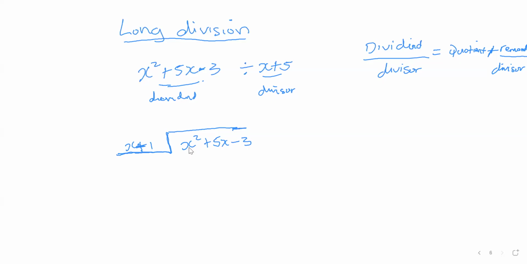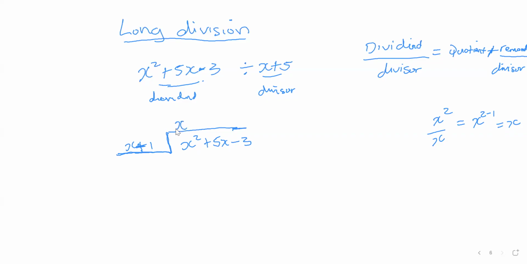So we divide x squared by x. By your laws of exponents, this becomes x to the power 2 minus 1, which is x. Your laws of exponents are super useful in this section. So it's x.